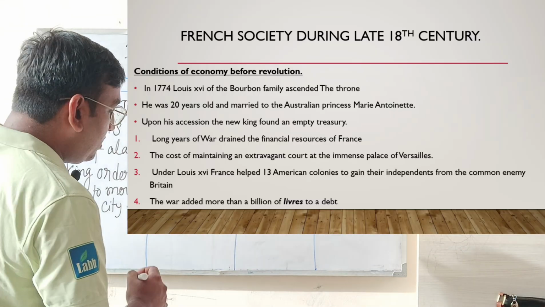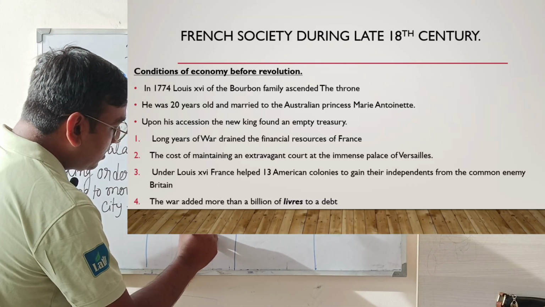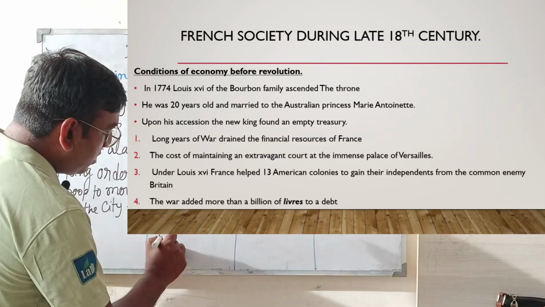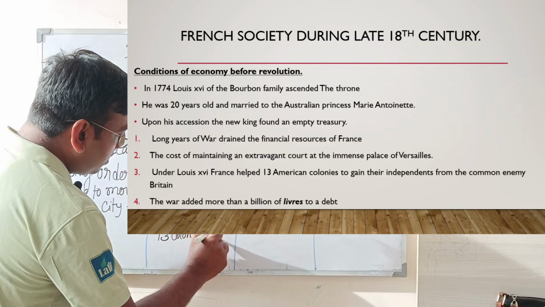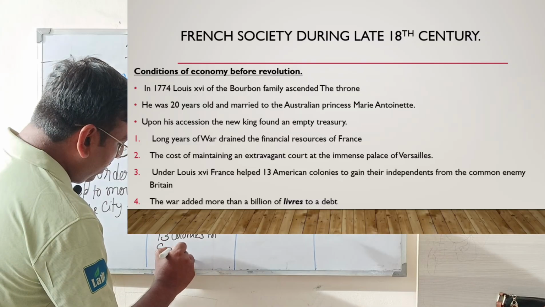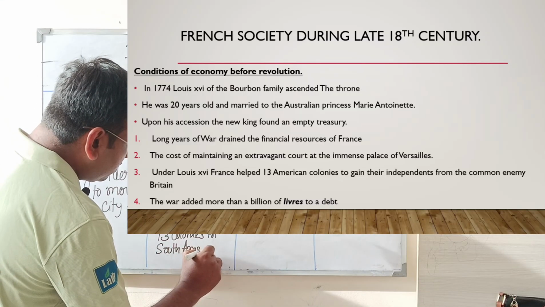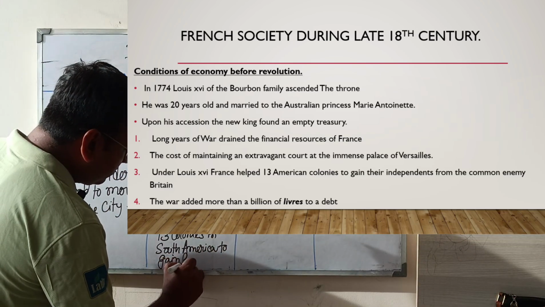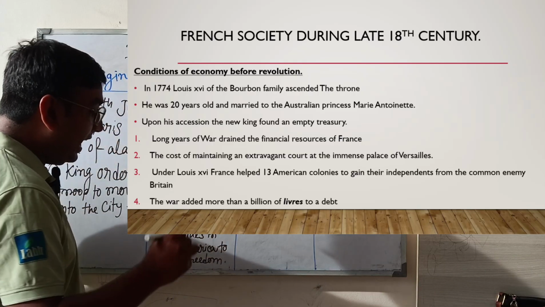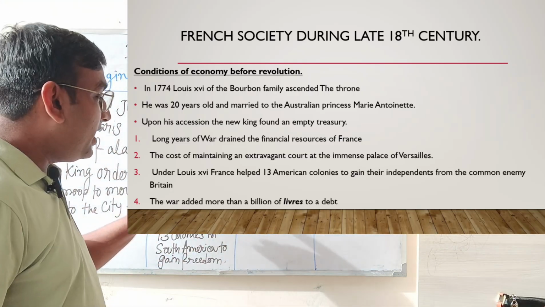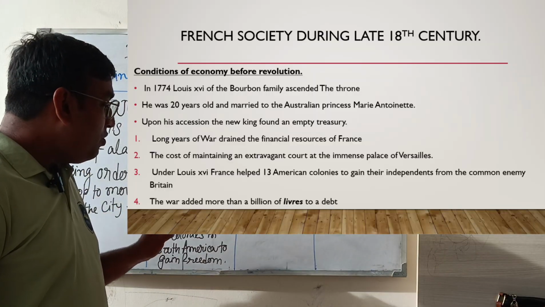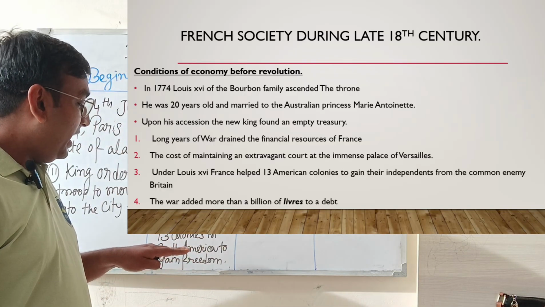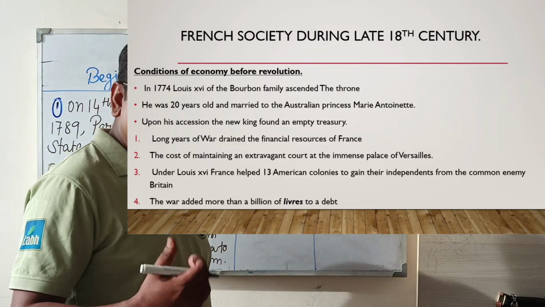Number three, France helped the 13 colonies in America to gain freedom from the common enemy, Britain. So these are the three points: long years of war drained all the resources; the maintenance cost of the immense Palace of Versailles; and France supported 13 colonies to gain freedom from the common enemy Britain.